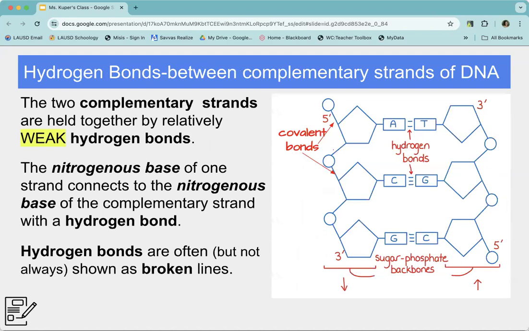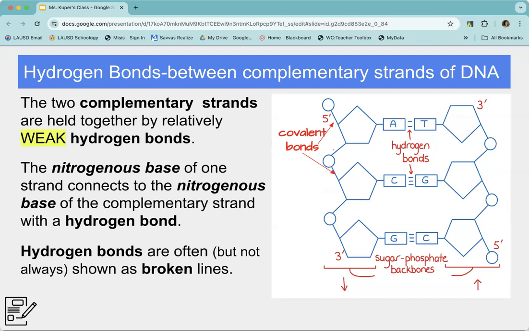And one more key component to the structure of DNA is that hydrogen bonds are what bonds the 2 complementary strands together. So the 2 complementary strands of DNA are held together by relatively weak hydrogen bonds. They stick together, but they're not as strong as those covalent bonds.